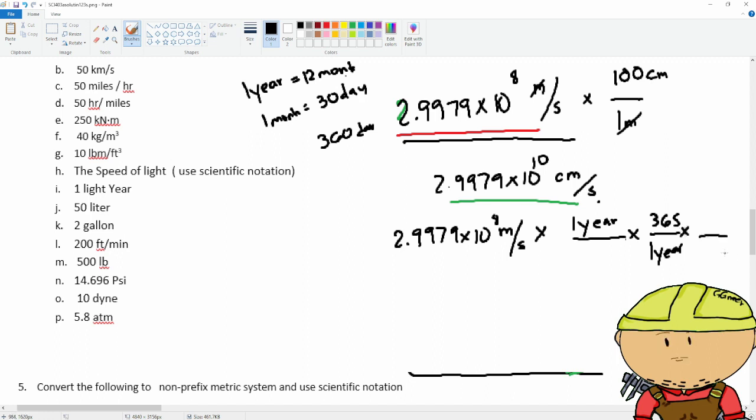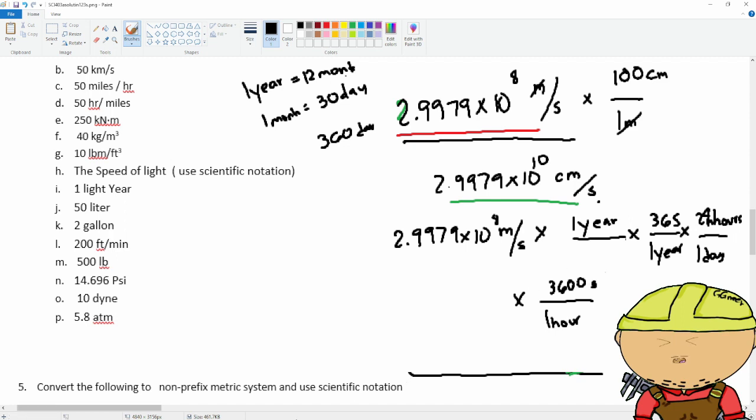365 times days. 1 day is 24 hours, and 1 hour is 3,600 seconds.